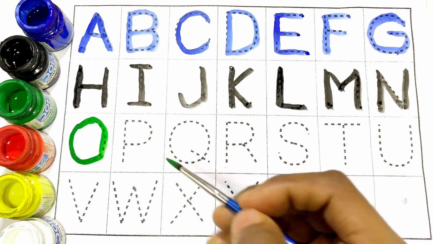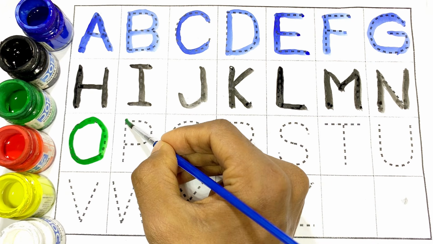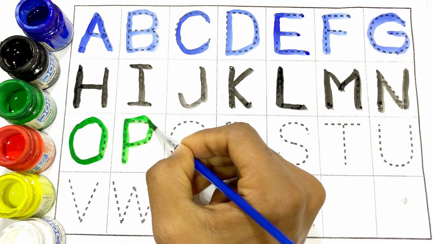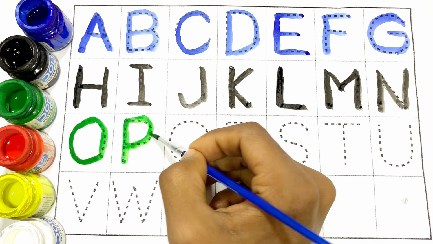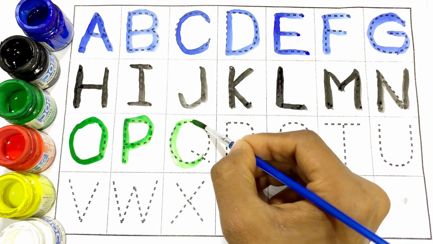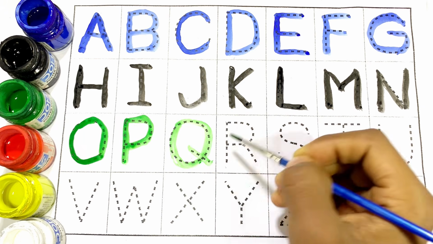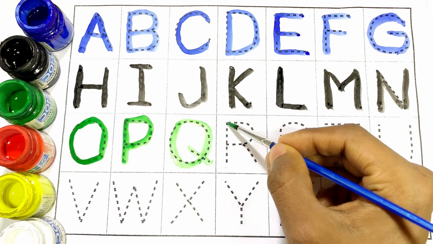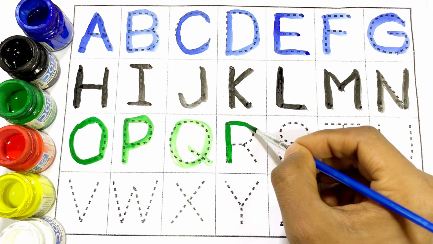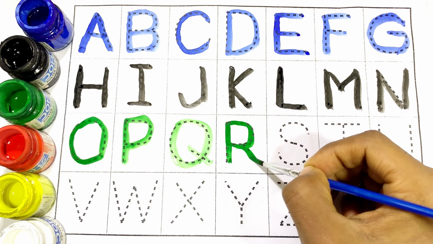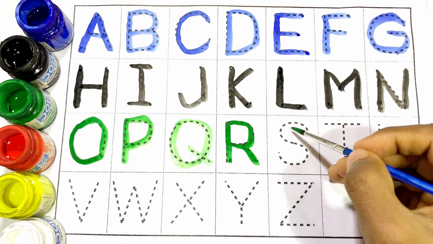Kids, now you draw O and use green color. O for orange. P for penguin. Q for queen. R for rose.